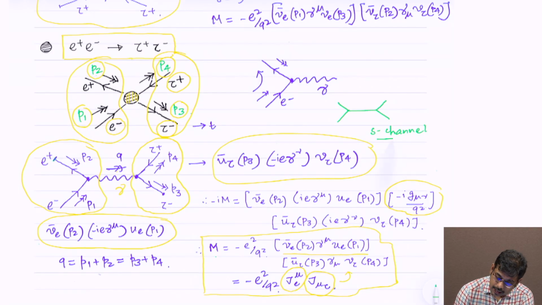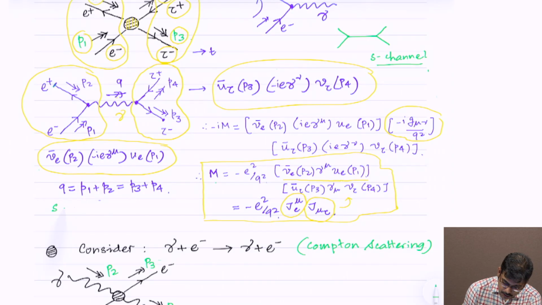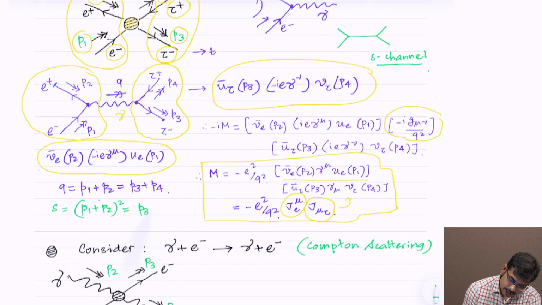Now, why is this called an S channel graph? This is because there is a Mandelstam variable which you can call S, which is simply (P1 plus P2) whole square, or this is actually (P3 plus P4) whole square.